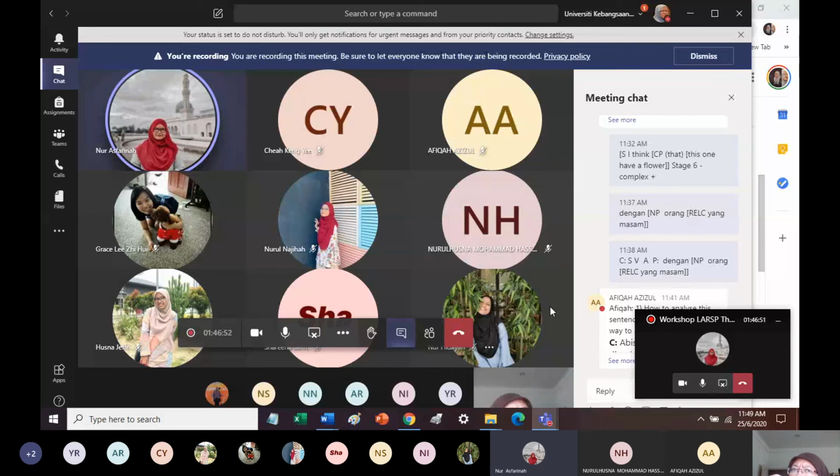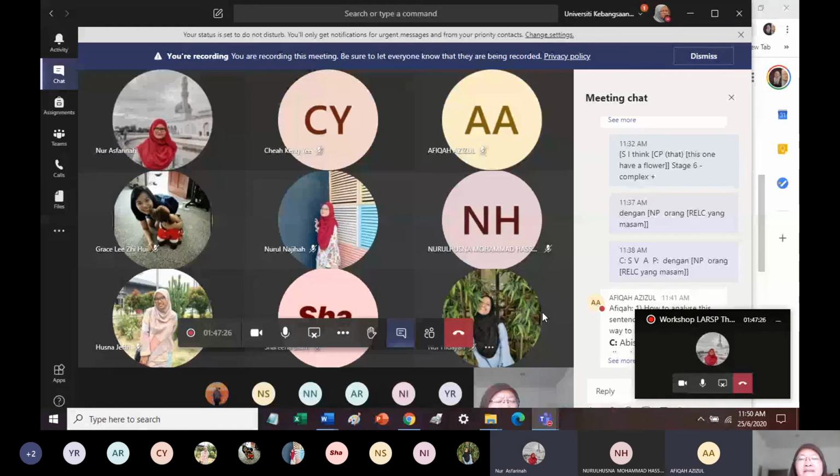Oh, so that is possible to have more than one stage in the first level. Tu I cakap tadi Asfa, I kata it is possible dia nak baling kan. Dia SV. So SV tu kita dah bagi markah untuk stage 2 SV cross level. Lepas tu kita bagi dia markah sebab dia guna pronoun. So stage 3. Kita bagi dia markah sebab dia guna auxiliary. It's okay to be generous. Be generous. Okay. Thank you.